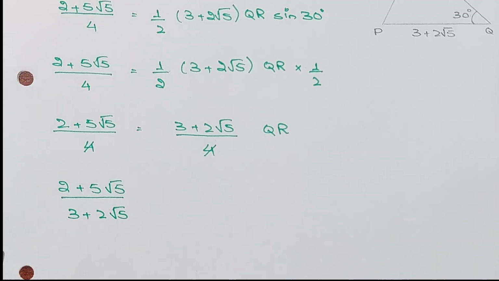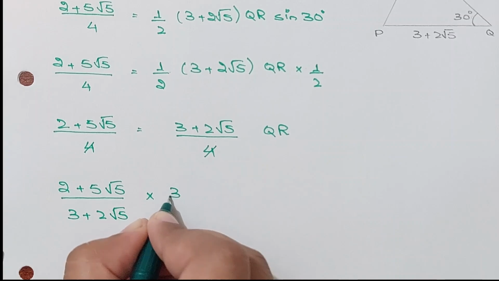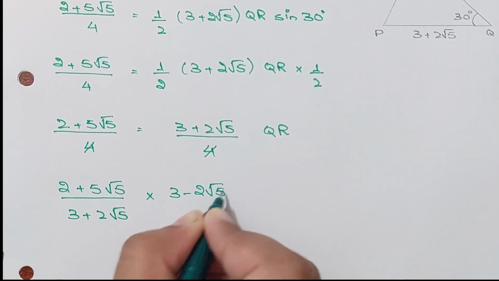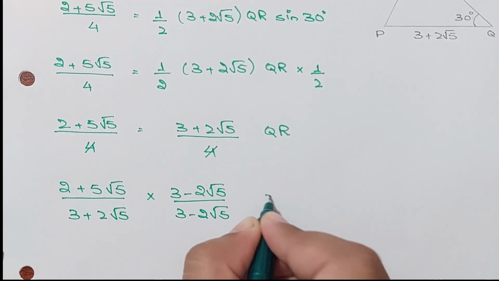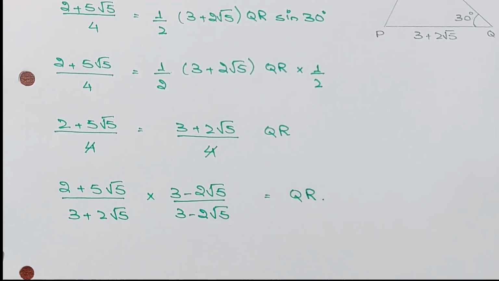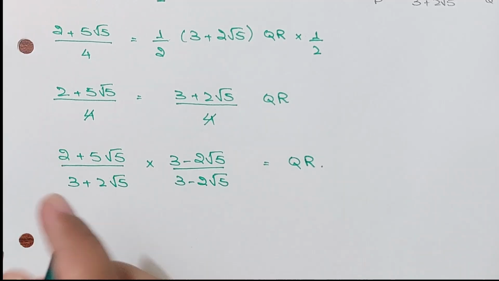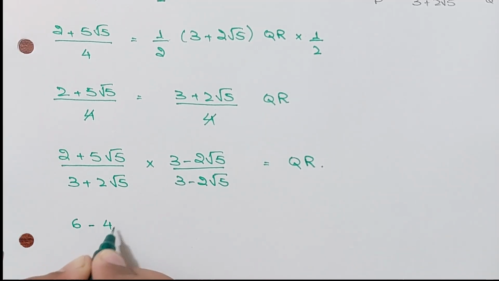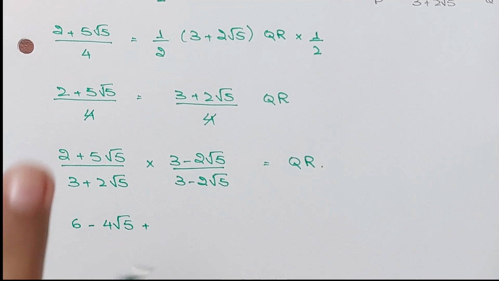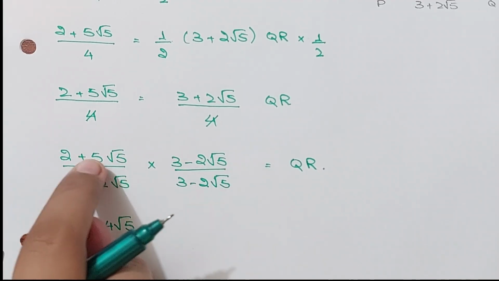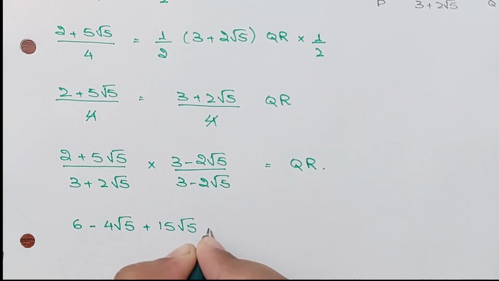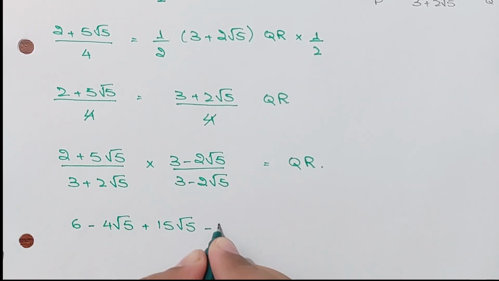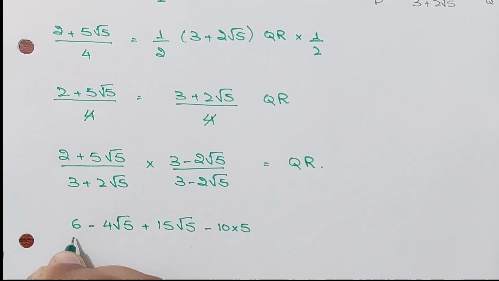This is the QR. Now we have to rationalize it by the reciprocal of the denominator, 3 minus 2 square root of 5 divided by 3 minus 2 square root of 5, multiplying and dividing. This is QR, right? Okay, so in the numerator, 2 times 3 would be 6, minus 4 square root of 5, plus 5 times 3 is 15 square root of 5, minus 5 times 2 is 10, and square root of 5 times square root of 5 is just 5.